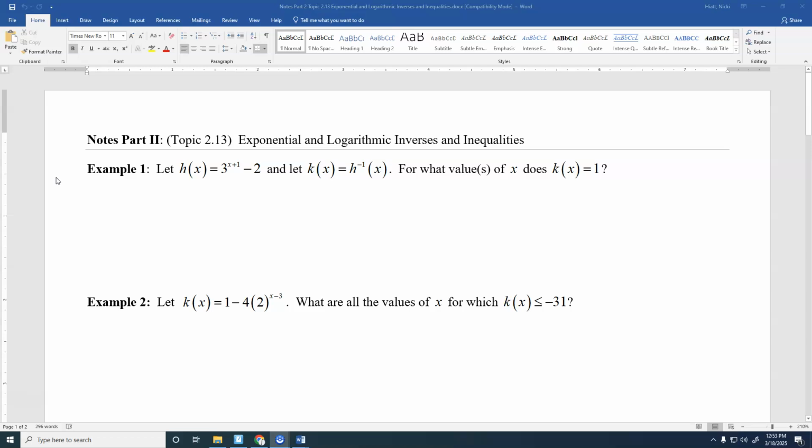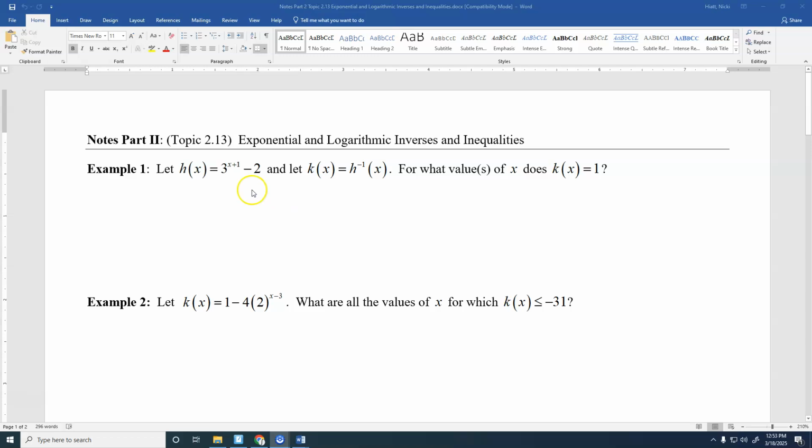So, for example 1, it says let h of x equal 3 to the x plus 1 minus 2, and let k of x equal h inverse of x. For what values of x does k of x equal 1?